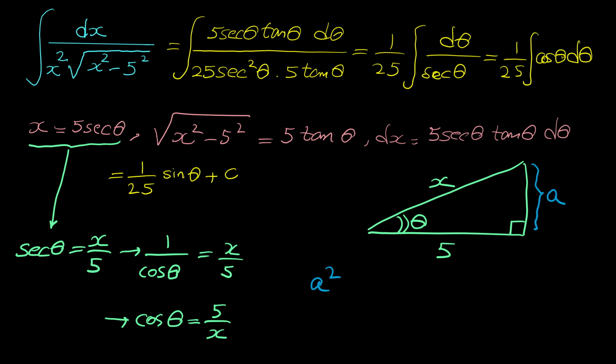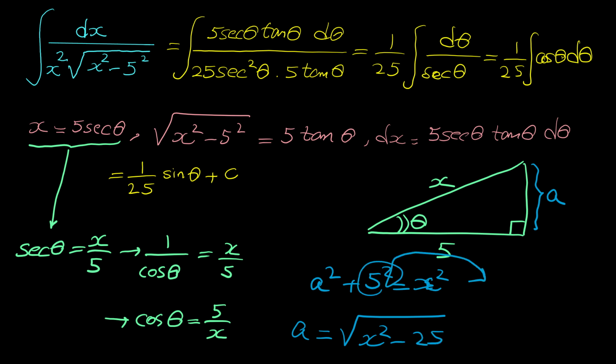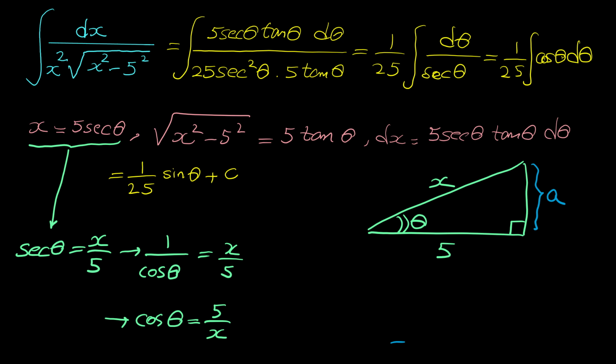Then by the Pythagorean theorem, a squared plus 5 squared is x squared. Move these to the other side and take a square root, so a equals the square root of x squared minus 25. So this side of the triangle is radical x squared minus 25.